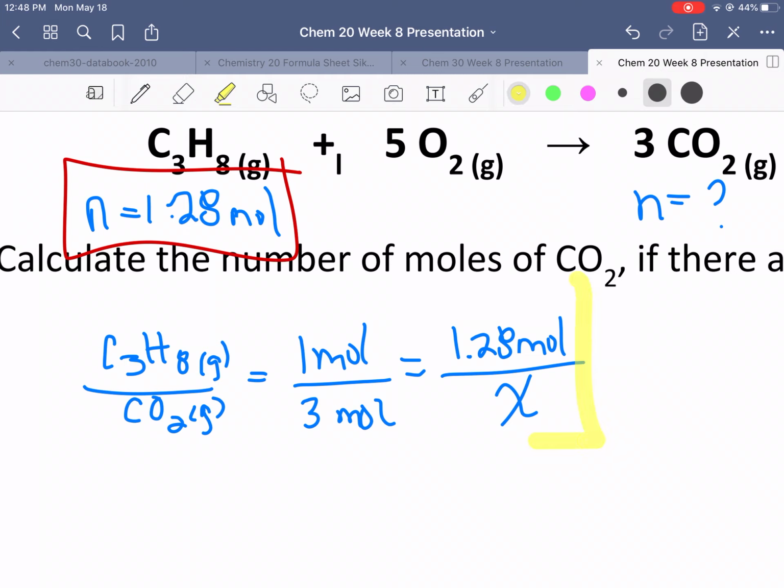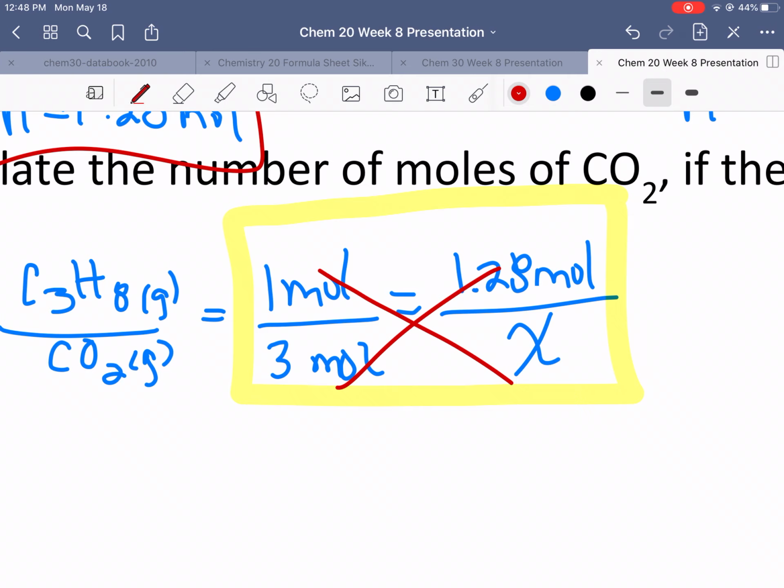In other words, this right here that I'm just outlining in yellow is the mole ratio, right? That's the mole ratio we're creating so that we can now cross multiply and divide in order to figure out the amount of carbon dioxide. So write it all out. X is going to be equal to, think about the cross multiplying.